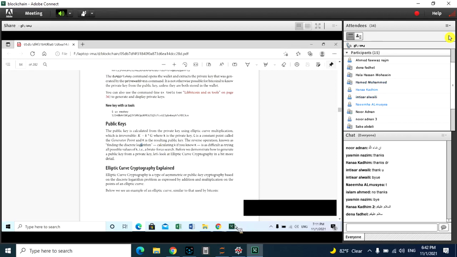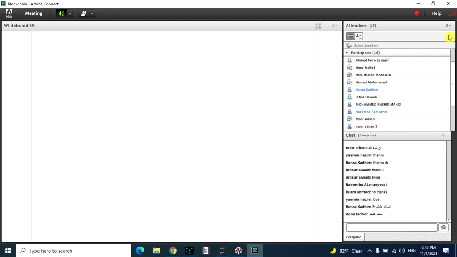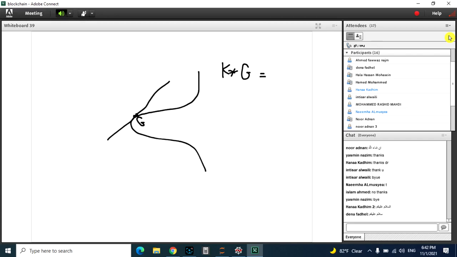means that, if this is the equation and this is the tangent line and this is G, K multiplied by G means G plus G plus G plus G, K times.